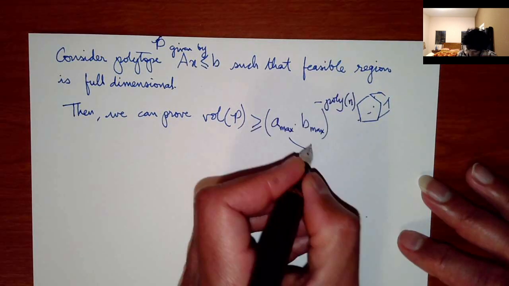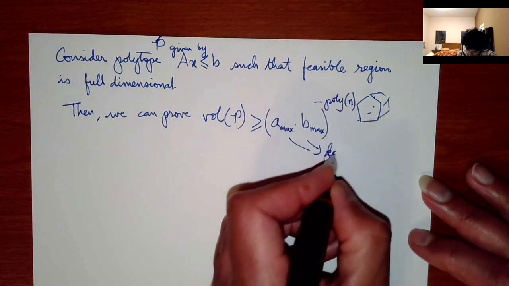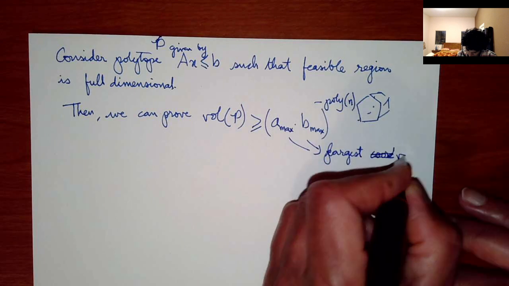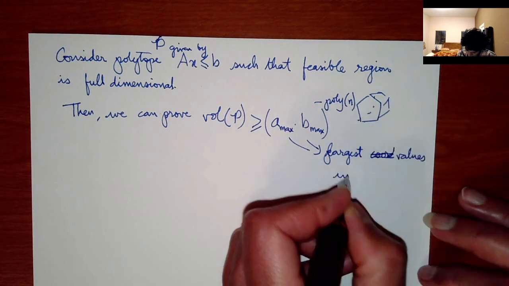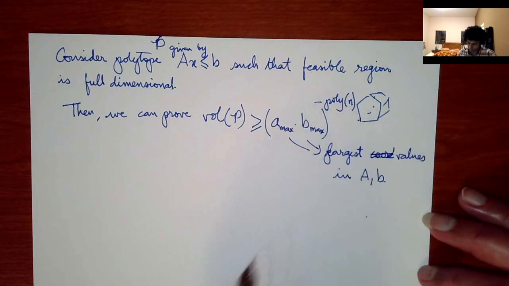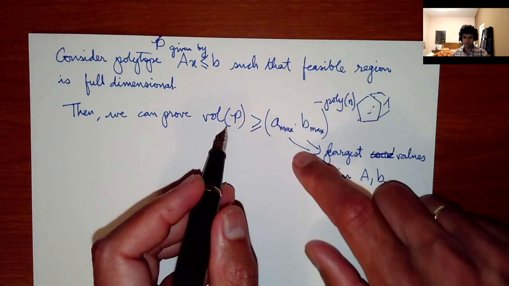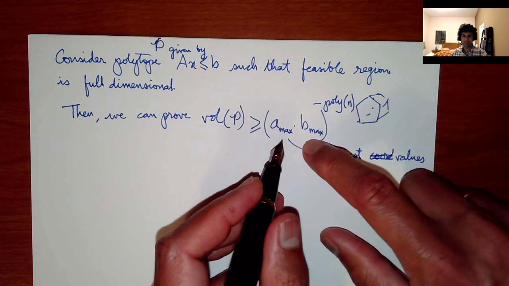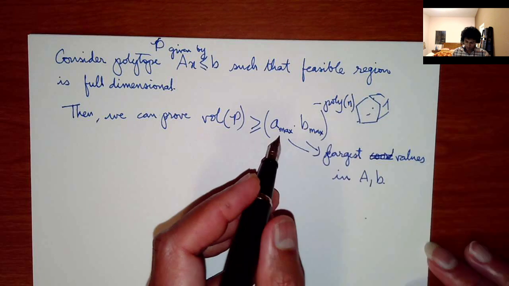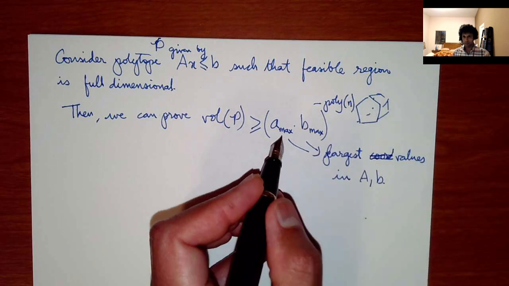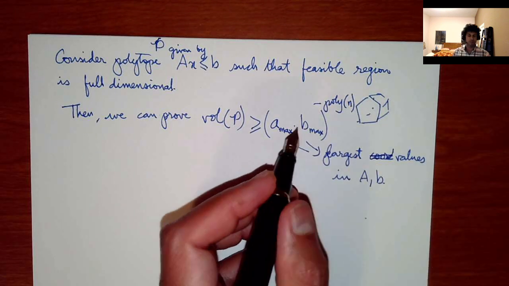And these are just the largest values in A and B. So you can prove that the volume of the polytope is going to be at least the largest values to some power value.